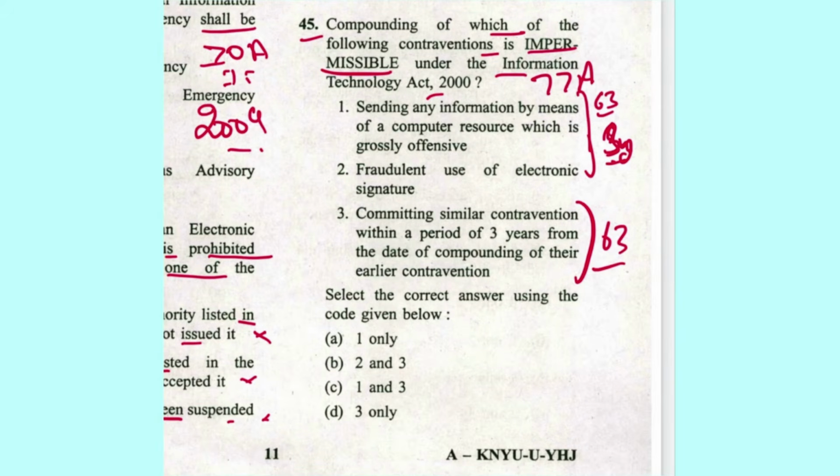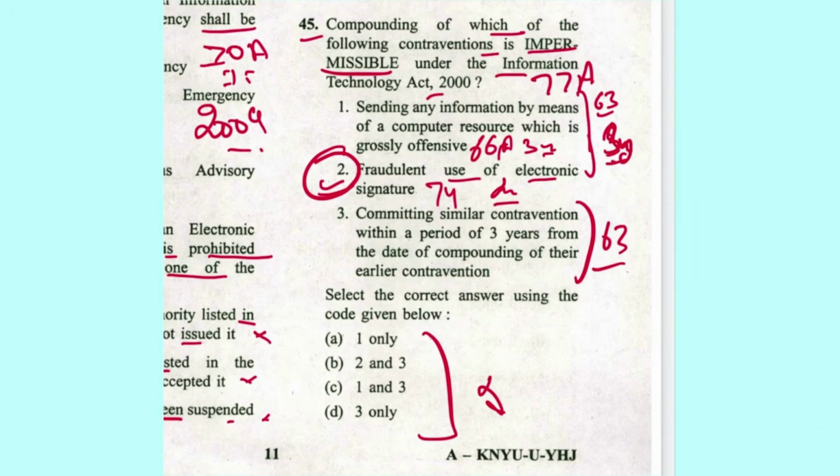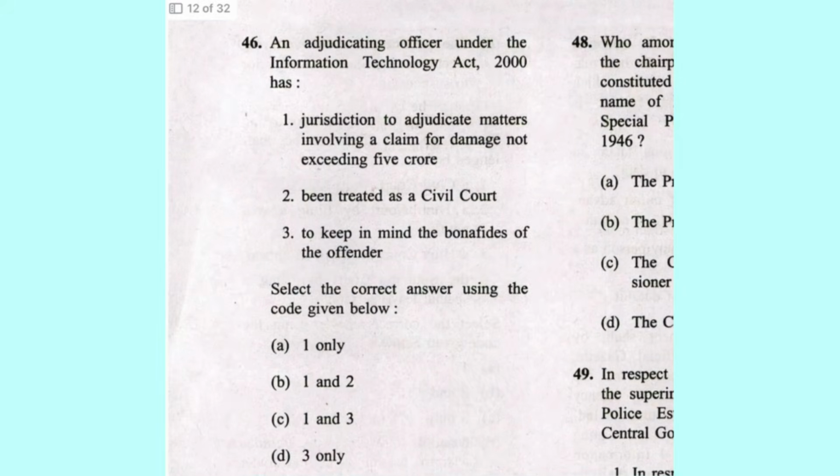And sending this information is mentioned in section 66A, for which the punishment is 3 years. And fraudulent use of electronic signature is mentioned in section 74, for which punishment is 2 years. So only 2 can be compounded, but the options are not correct here. There are so many mistakes in this paper.